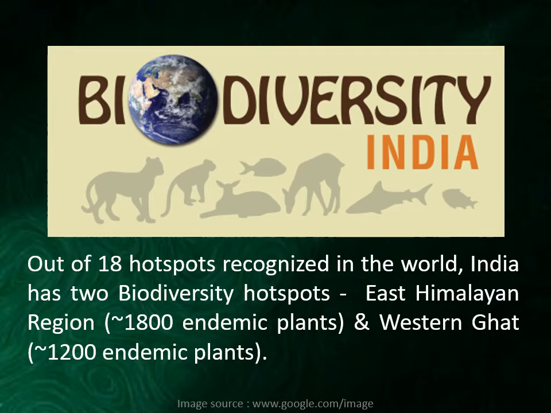Similarly, the Western Ghats host 1200 endemic plants. That is, these 1200 plants are restricted to that particular ecological condition, the Western Ghats. So you can get an idea how rich these two areas are in varieties of life forms.